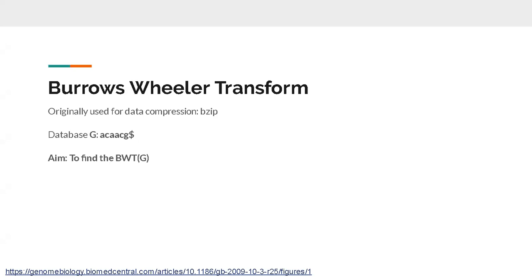So now let's say you have a database genome, which is ACAACG dollar. Now again, dollar is the end of string character that I am assigning. It is not part of the genome. We are assigning this on our own, just to say that this is where the genome ends, a dollar sign. And the aim is to find the Burrows-Wheeler transform of this particular genome.